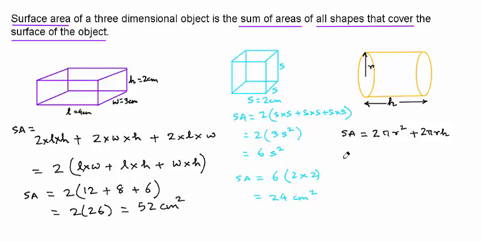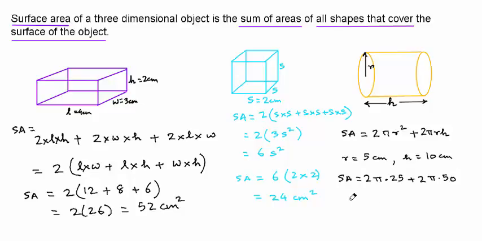So if the circles on a cylinder have each got a radius of 5 centimeters, and the height of the cylinder is 10 centimeters, the surface area is equal to 2 pi r squared. R is 5, so we have 5 times 5, which is 25, plus 2 pi times r times h, r is 5 and h is 10, so r times h is 50.